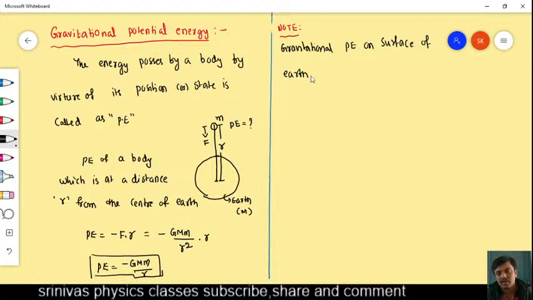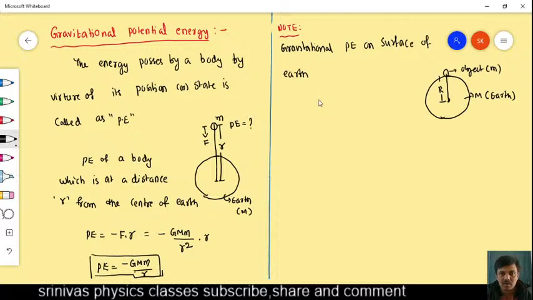For example, this is the Earth. Its mass is capital M. On the Earth, one object is there. This object's mass is small m. Then the distance between these two is capital R. The gravitational potential energy formula we derived previously: we have to take the distance between these two.